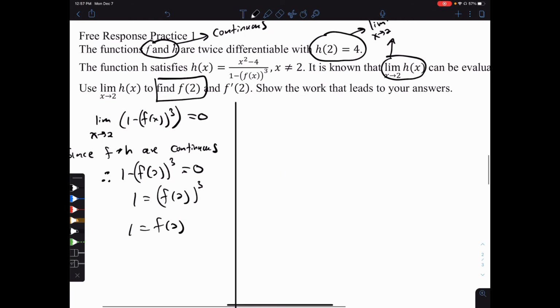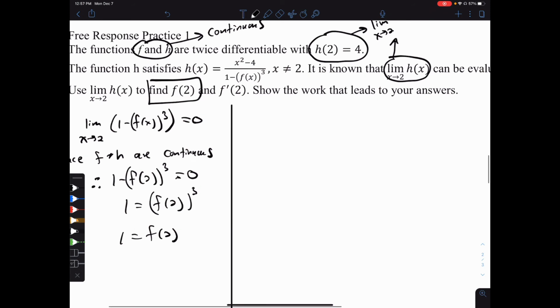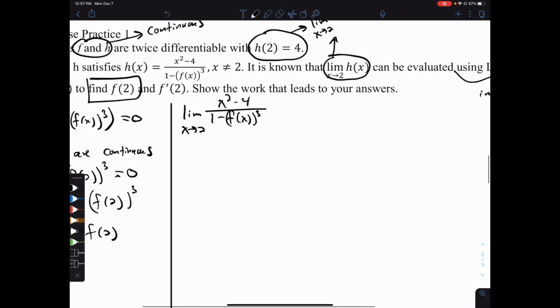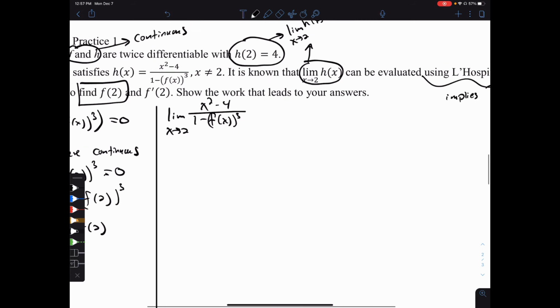Second answer, what is f prime of 2? Well, if we go back and look at the limit, the reason I need to use the limit is because if I can use L'Hopital's rule, I can somehow get an f prime into this problem. If I can get an f prime into this problem, then I can hopefully figure out what f prime of 2 is.